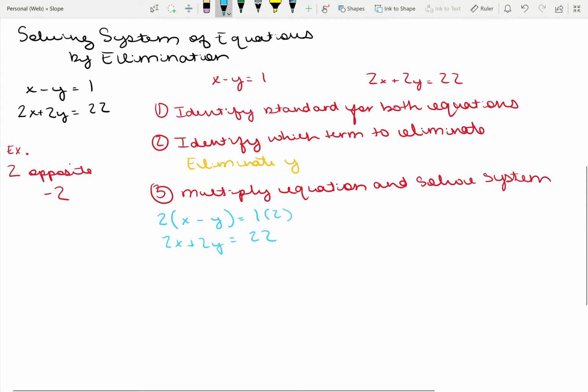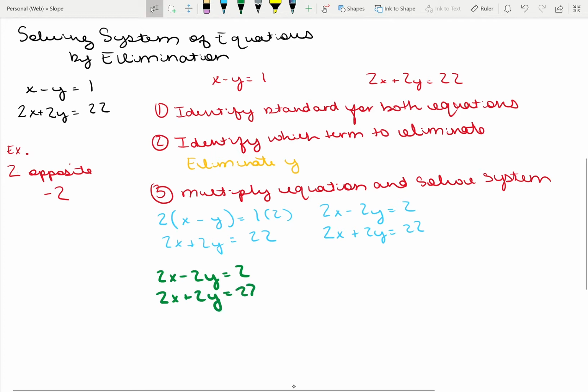Okay, now let's simplify. So we have 2x minus 2y is equal to 2. And again, our second equation remains the same as it was before. Now, let's take it a step further and add these two equations together.